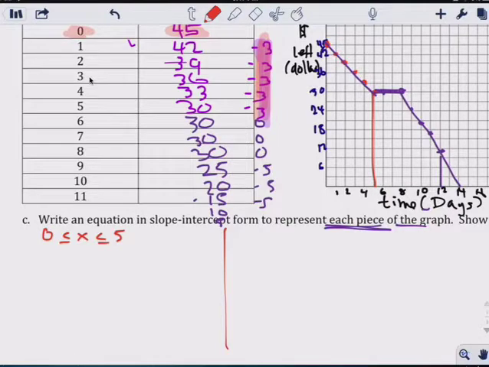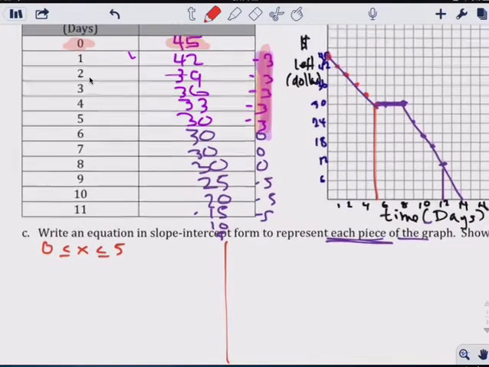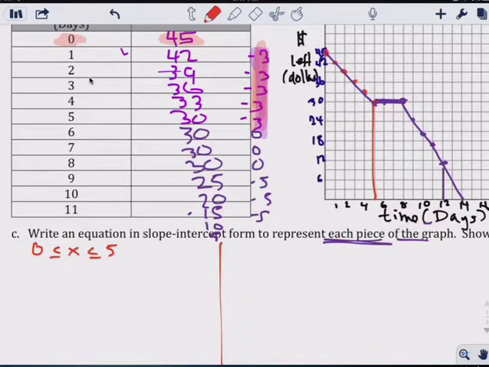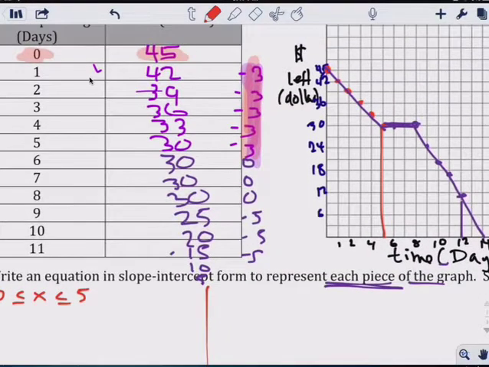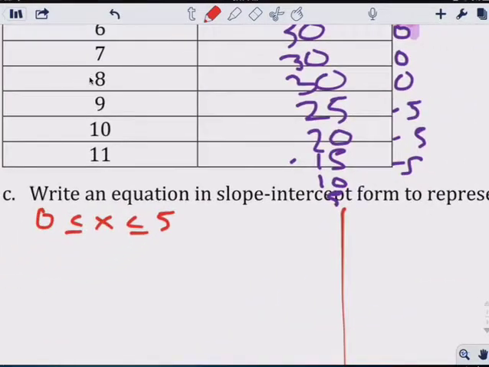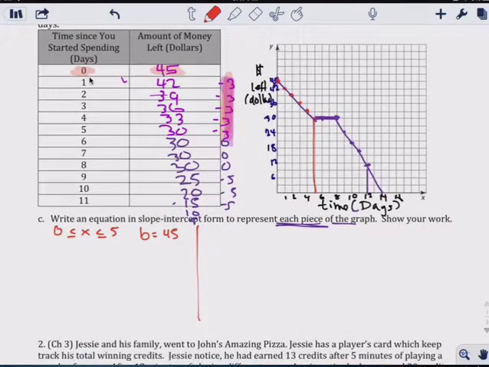Okay, we got the slope-intercept. You can use point slope if you want, but for me, I see the y-intercept is at 45, so I know b is 45, and the slope, you can do the slope formula if you want, and find that you get a -3. This is your slope right here.